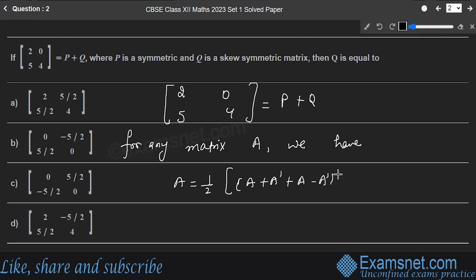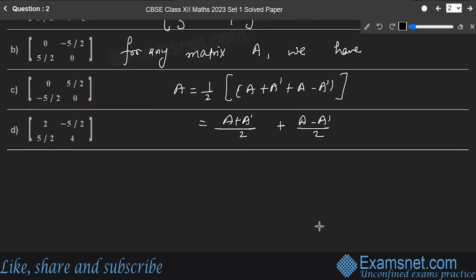Can I write it like this? Of course I can. So this is equal to (A plus A dash) upon 2 plus (A minus A dash) upon 2. Now, the first is the symmetric matrix, and the second is the skew symmetric matrix, that is Q in this case.